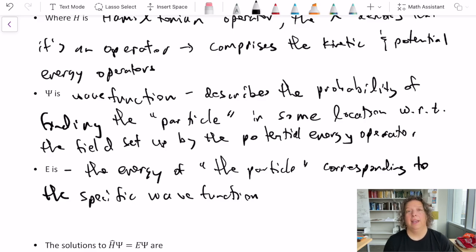So in that case, the helium atom is going to be the particle. We're going to do the same thing with carbon monoxide molecules, and in that case, the carbon monoxide molecule is the particle. I used the example earlier of hydrogen molecules. In that case, the hydrogen molecule was the particle. So really the particle here is vague, but it's intentionally vague. It can mean whatever system you're trying to describe.